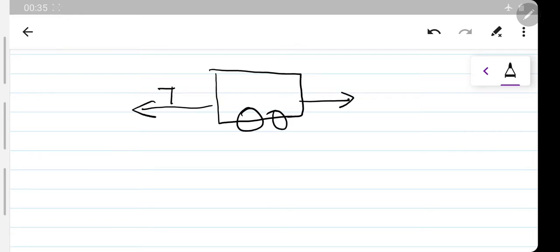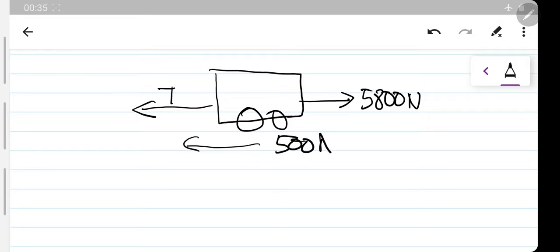This is the pulling force that we determined with the value 5,800, and the frictional force is 500 Newton. So now we need to determine its net force.